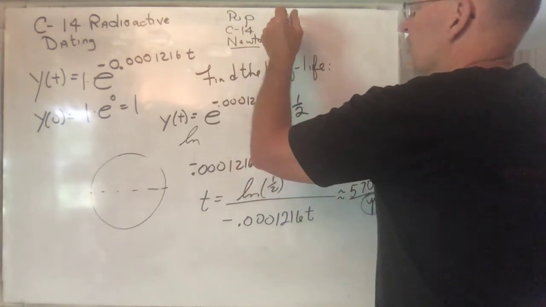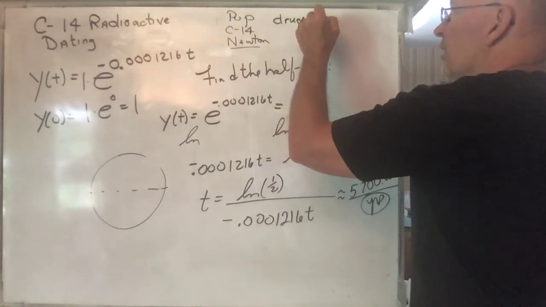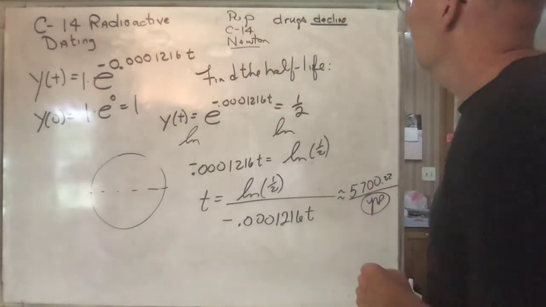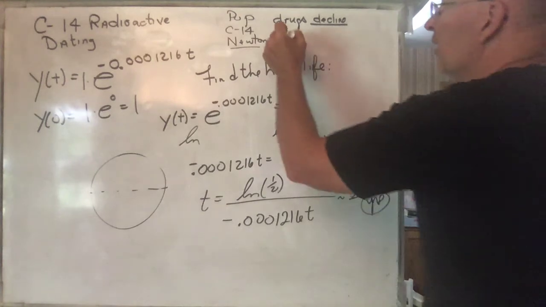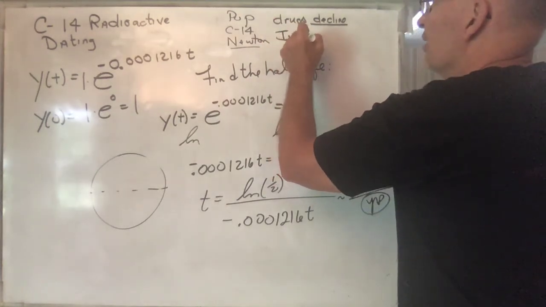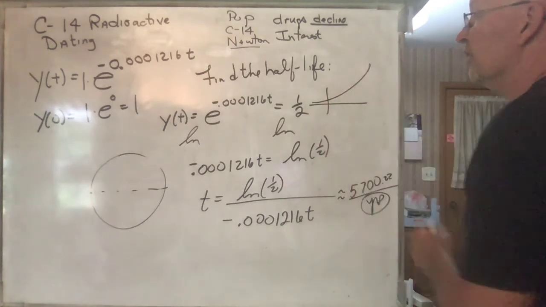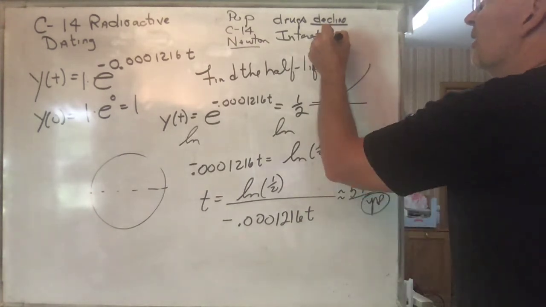Another one is drugs in the body, the rate at which drugs decline in the body, the kidneys pull it out. Interest rates is another one. Interest rates in banks. That's hopefully going to be exponential increase, right?